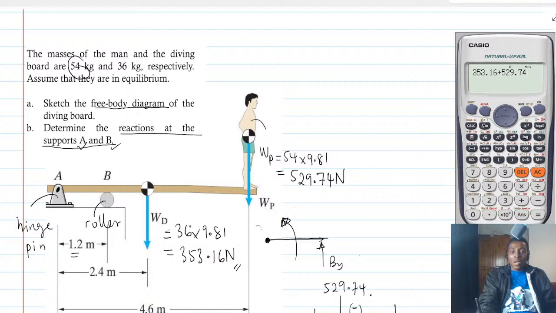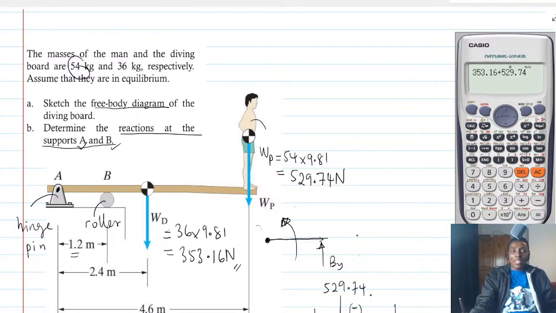Is that right? So now basically you are going to multiply the distance with the force. So 529.74 multiplied by 4.6, and that moment is going to be what? A clockwise moment. Is that right?